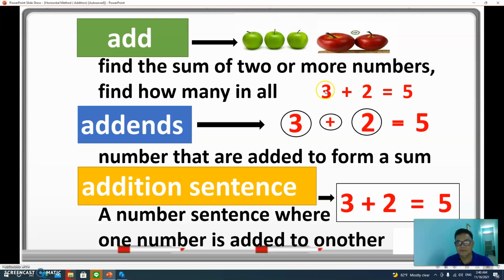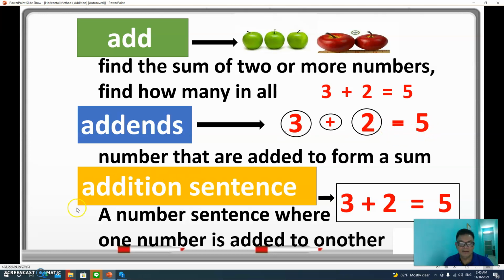So 3 plus 2 equals 5. Add the numbers that are added to form a sum. This is our addend: 3 and 2, you're going to add. So the sum is 5.